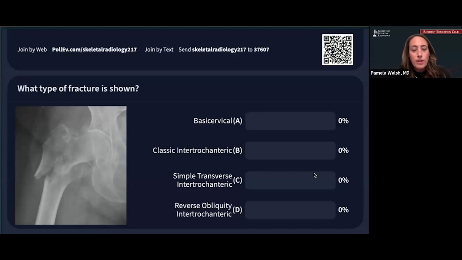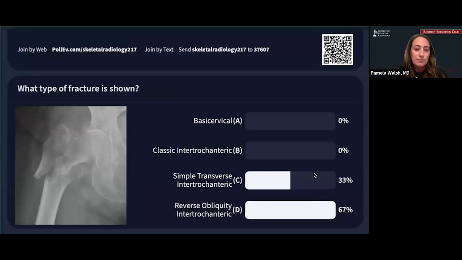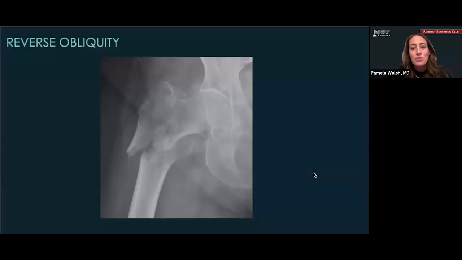So what kind of fracture do we have here? Okay, excellent. So this is a reverse obliquity fracture, and we can tell by the way the fracture line's going.